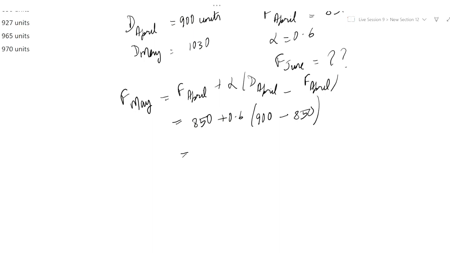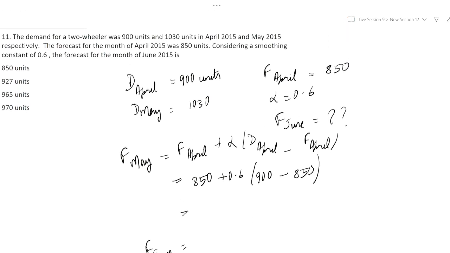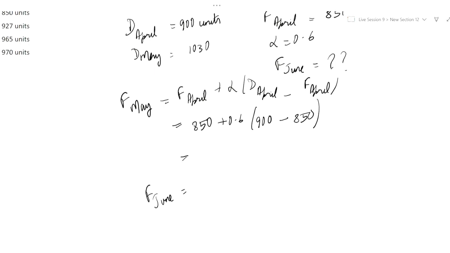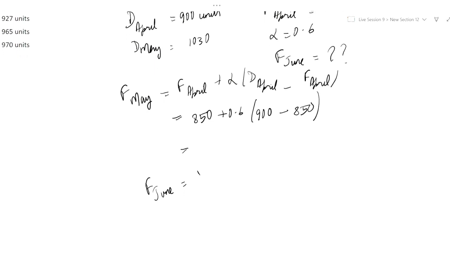So after solving this, you will get the forecast for May as 880. Now the forecast of June will be the forecast of May plus alpha, demand of May minus forecast of May.